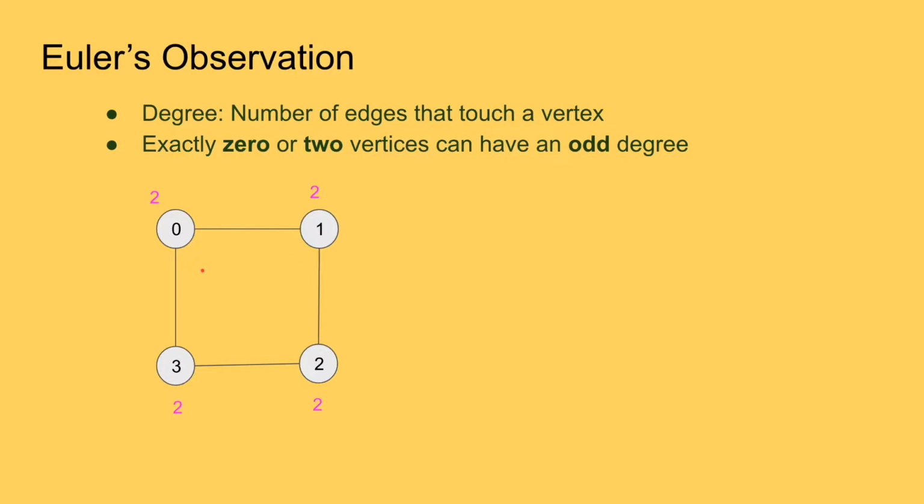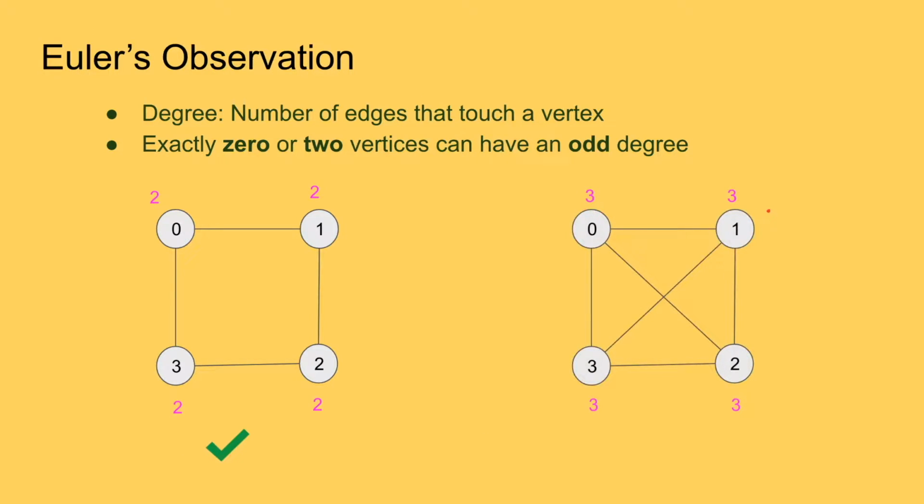For example, this graph has 4 vertices. All of them have an even degree. That means it has 0 vertices with odd degree, so the graph is Eulerian. Now this one has 4 nodes with degree of 3. So it has 4 nodes with odd degrees. And that means this graph is not Eulerian.